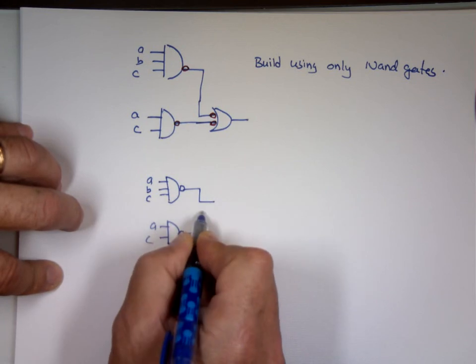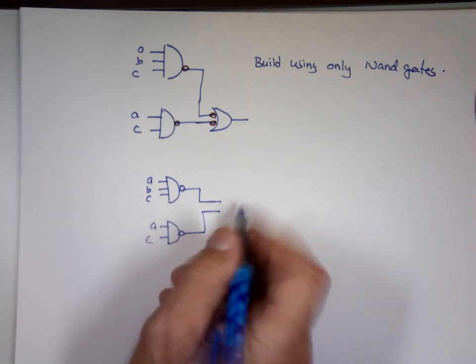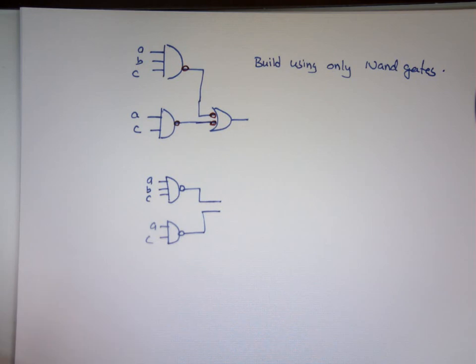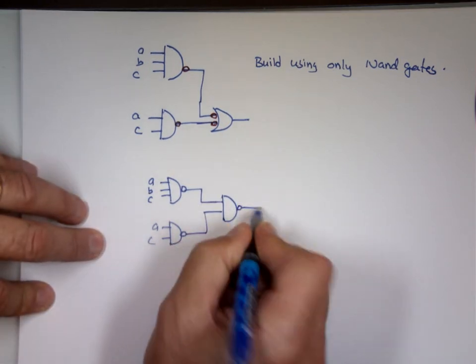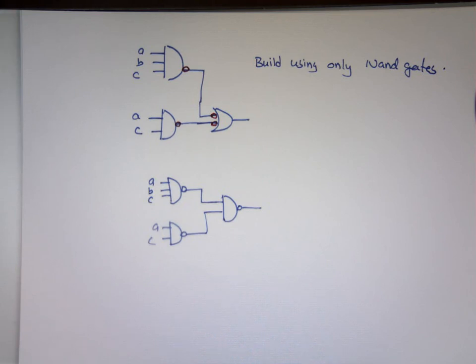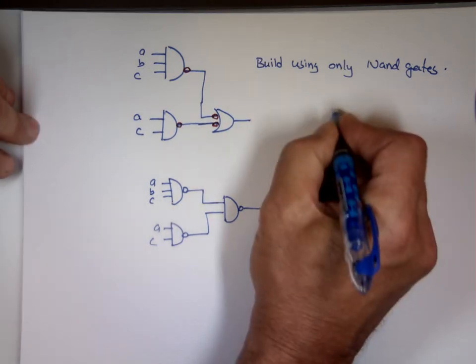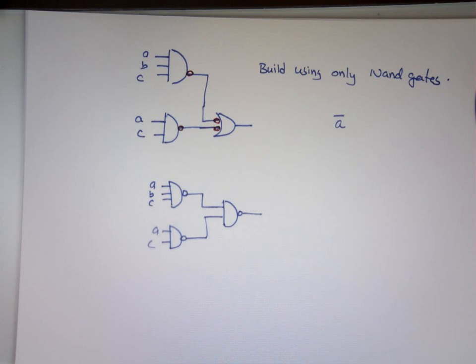And what happens to an OR gate with both inputs complemented? DeMorgan's theorem said that's a NAND gate. So now my design, I'm only using a NAND gate. I didn't show you what will happen if one of the inputs is complemented, like A bar, and you still want to use only NAND gates. Can you make a NOT gate out of a NAND gate?